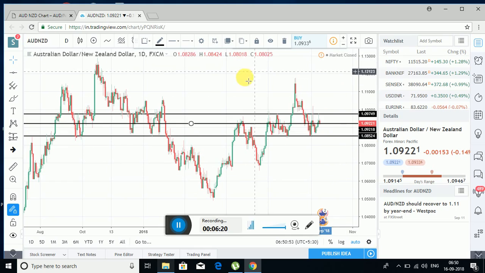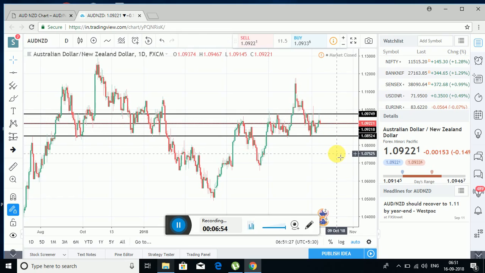Overall, I would not touch this market right now because the market is directionless. However, if the market is below this level, or if I see that the buying momentum is already dying in this market, even in the range, I am more with sellers, because sellers are showing their constant strength inside the range, and there is a very high possibility that in future there's going to be a breakout, a breakdown below this support level, and the seller is going to take control.